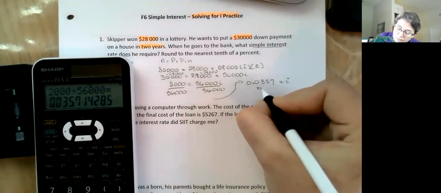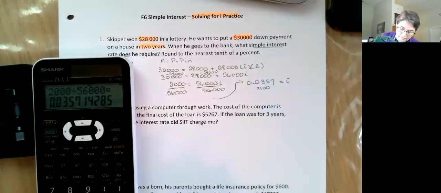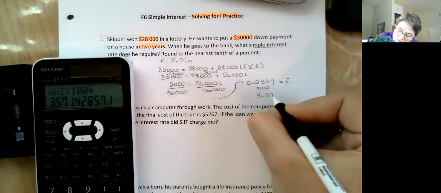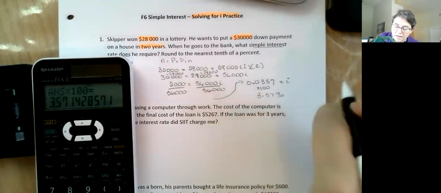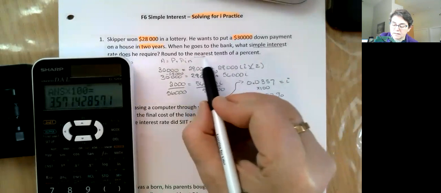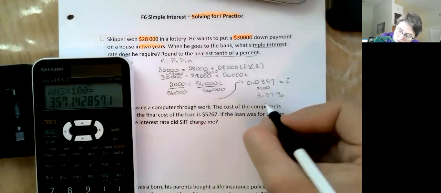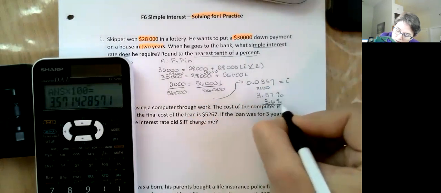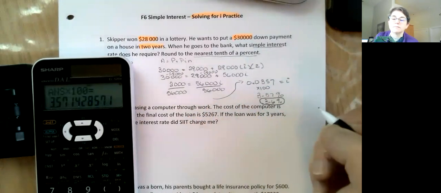So I'm going to multiply through by 100. All right, 3.57%. And the question said round to the nearest tenth of a percent. So 3.6%. There we go.